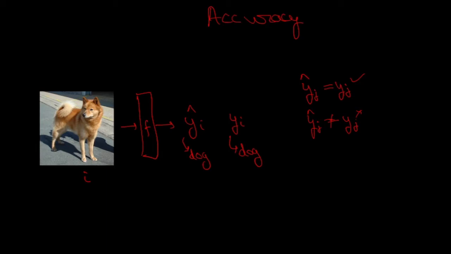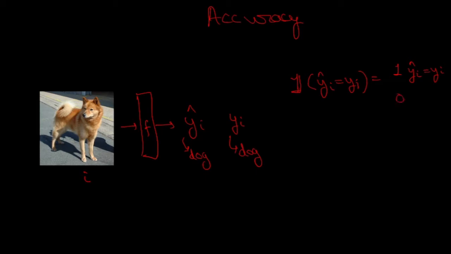Now, given a set of images, to define accuracy, let's first define an indicator function. The indicator function of y i hat equals y i is simply 1 if y i hat is y i, and 0 otherwise, that is, if y i hat is not equal to y i.